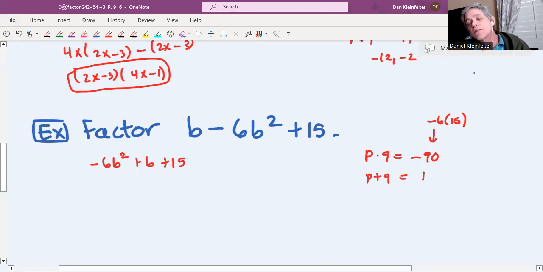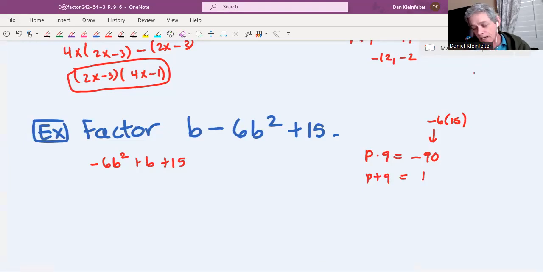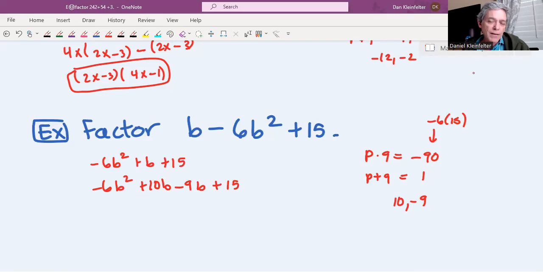So we need two numbers that multiply to negative 90 and add up to 1, and that will be 10 and negative 9. 10 plus negative 9 is 1, and 10 times negative 9 is negative 90. We'll have negative 6b squared plus 10b minus 9b plus 15. I've split up that b in the middle into 10b minus 9b.